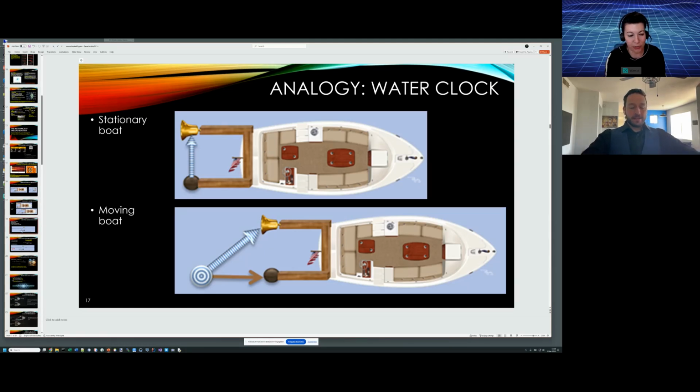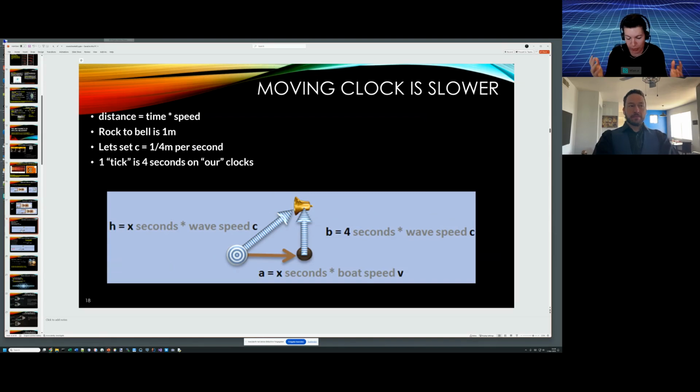So I make this really simple on purpose, because people always say, oh my God, special relativity is so difficult. It's really not, okay? It doesn't have to be. It's literally distance is time times speed. So, let's say we want to figure out how long it took for the moving boat.